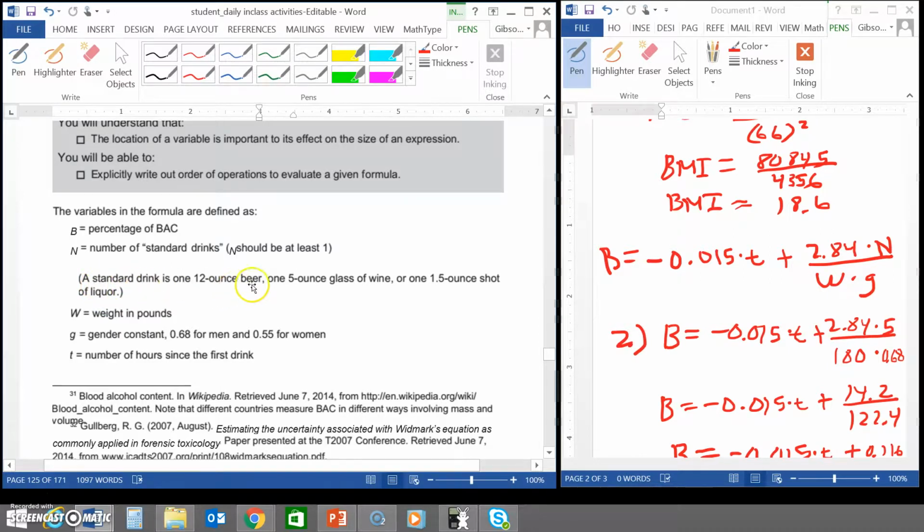A standard drink is 1 12-ounce beer, 1 5-ounce glass of wine, or 1.5-ounce shot of liquor. W is the weight in pounds. T is the number of hours since the first drink. G is the gender constant, and this is the only difference between male and female. If you're a male, you use 0.68. If you're a female, you use 0.55.